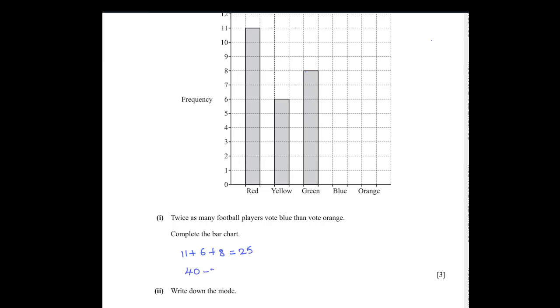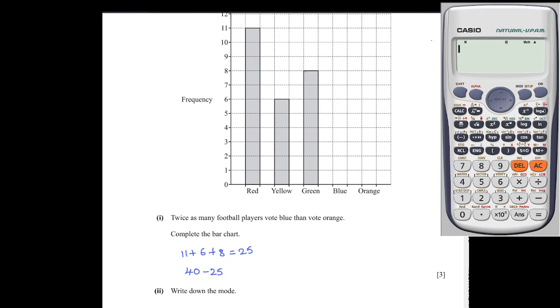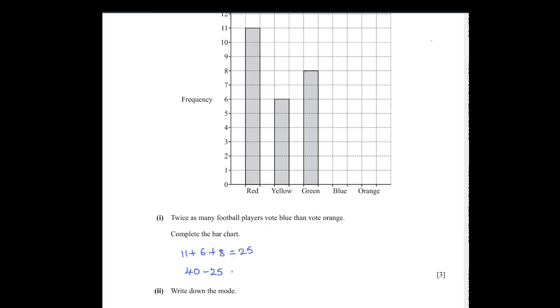So from 40 subtract 25. How much will be left? 15 people. So 15 are still left and they need to vote for blue and orange. Okay, so now this is done.